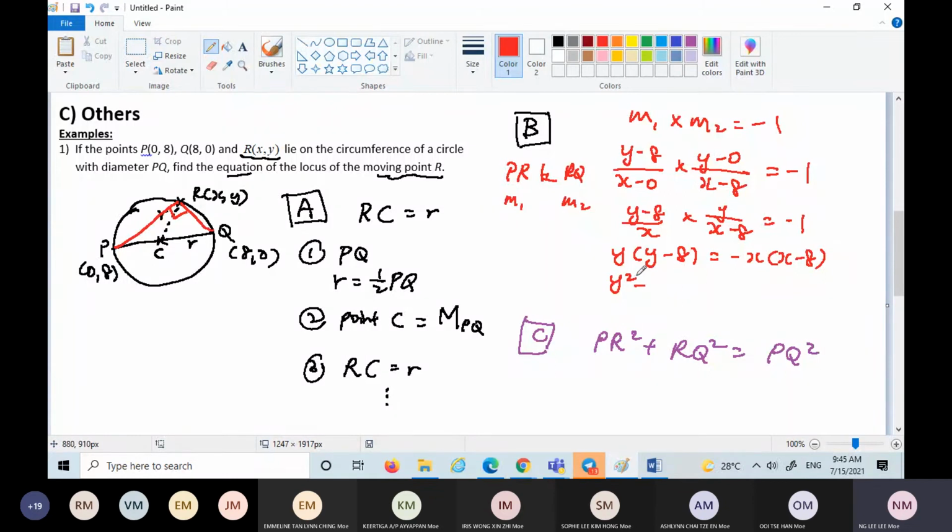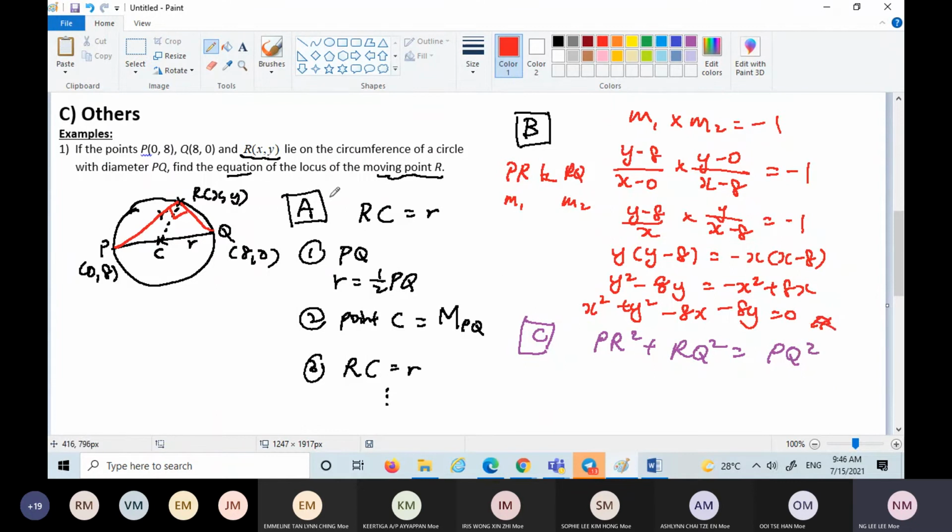Y squared. This is a circle. Sorry. Then move everything to the left hand side. So this is the final answer.